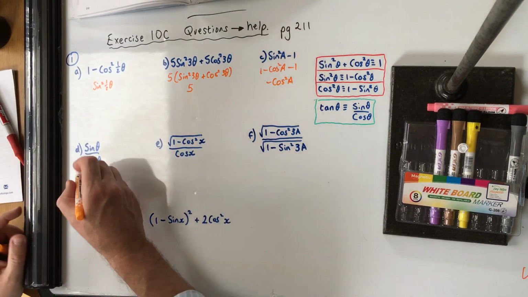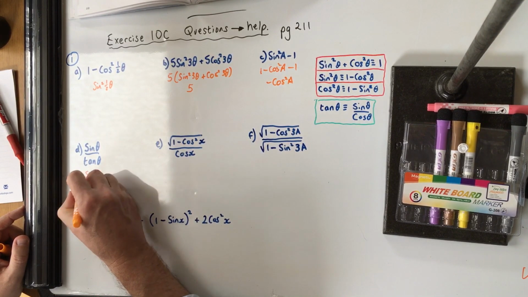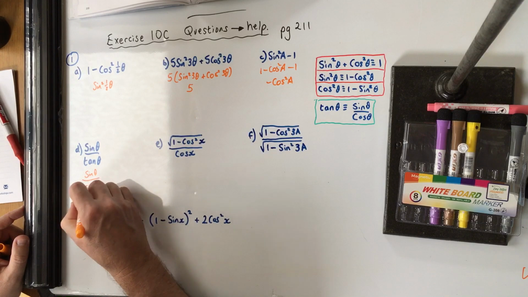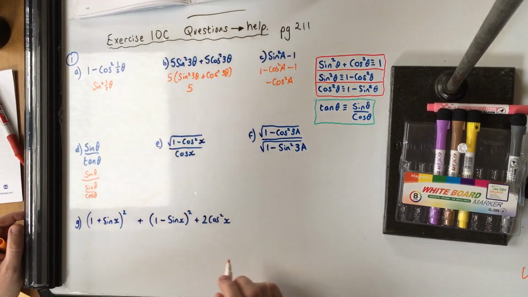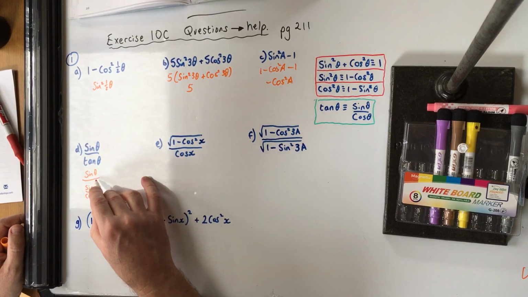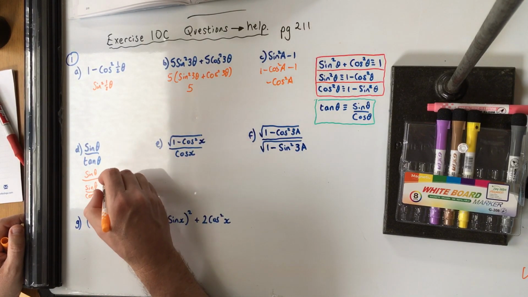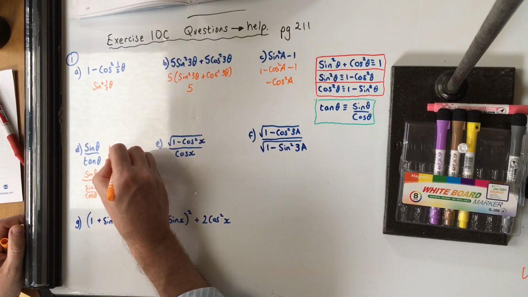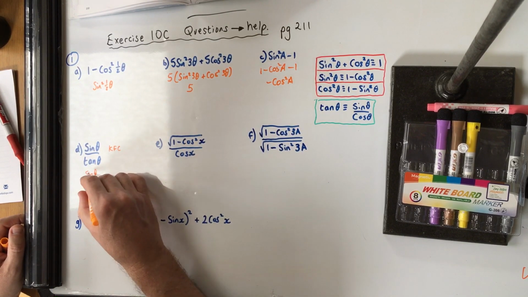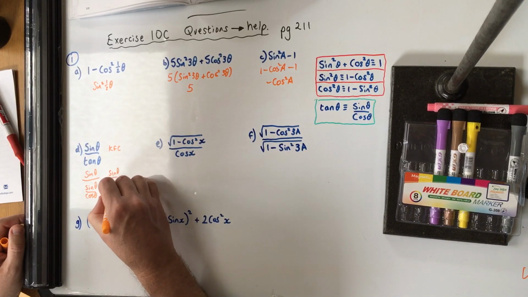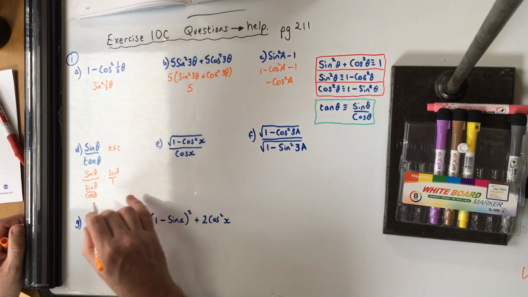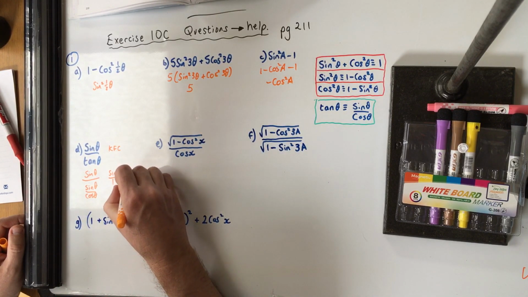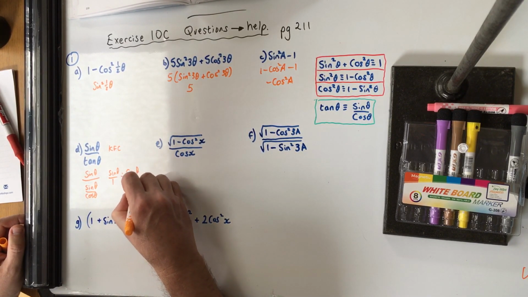So this one here, I'm going to write as sine theta over, and tan is sine theta over cos theta, isn't it? Now remember that line means divide, and when we divide by a fraction, we use KFC: keep, flip, change. So keep the first one, sine theta over 1, and we're dividing it by sine theta over cos theta.